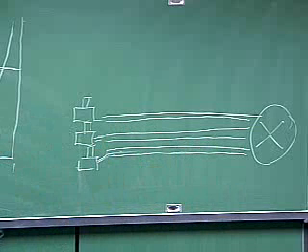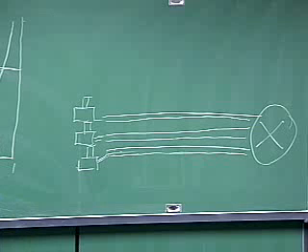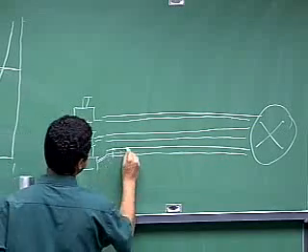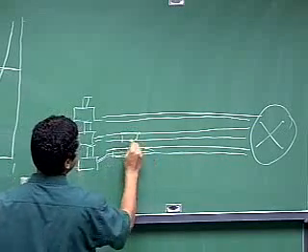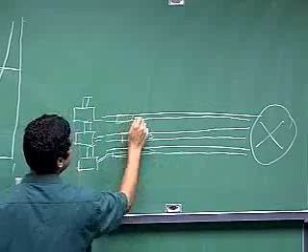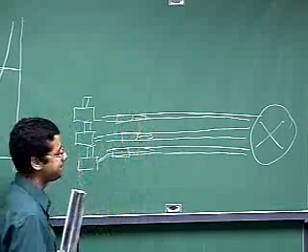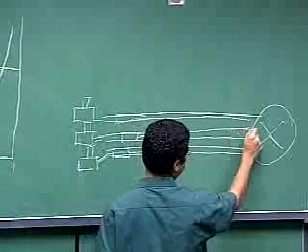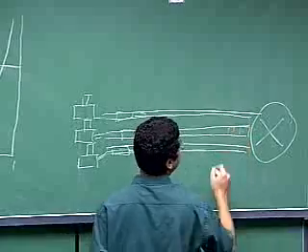In a wireless network, on the other hand, you can't have this kind of a scenario where packets are going simultaneously. They arrive here and in some buffer they get queued up.